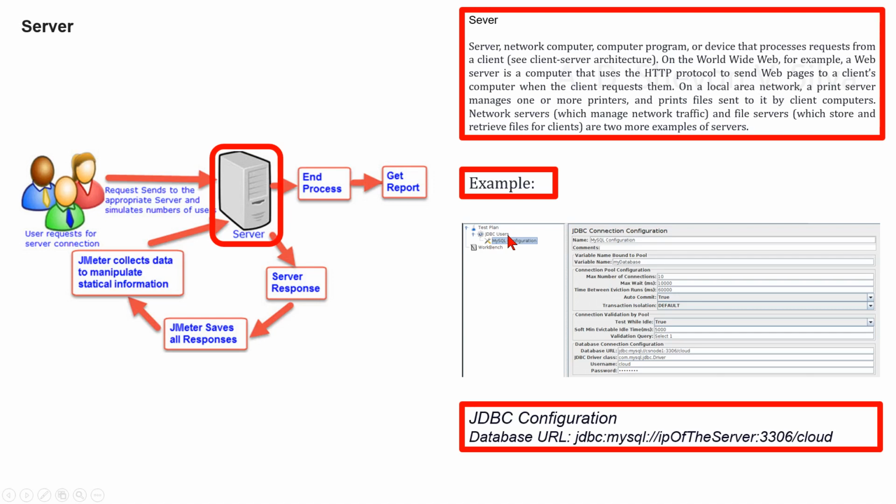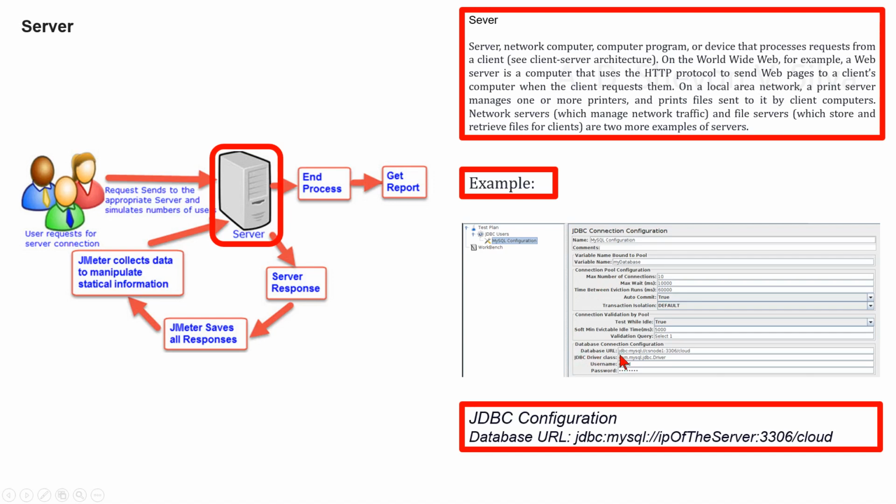Then select this new element to view its control panel here. Variable name: here my database bound to pool. This needs to uniquely identify the configuration. It is used by the JDBC sampler to identify the configuration to be used.